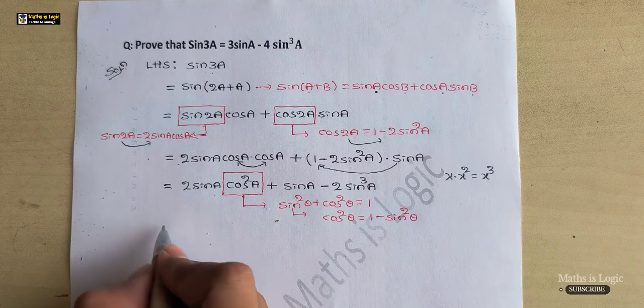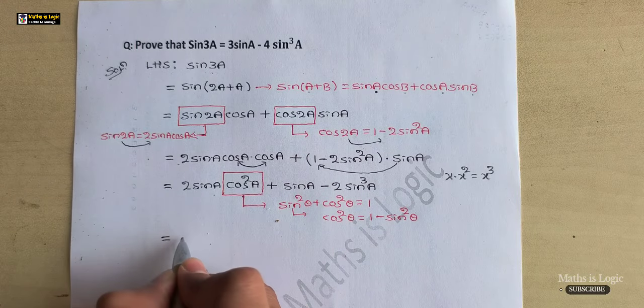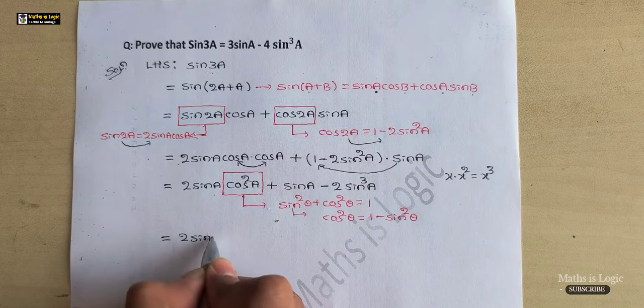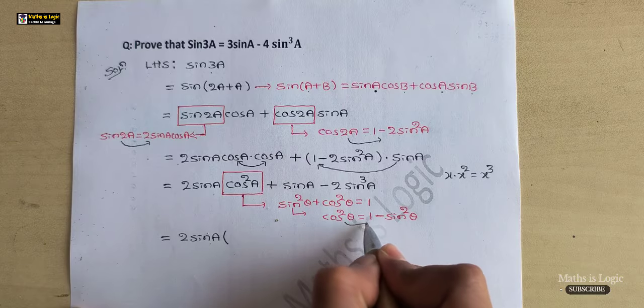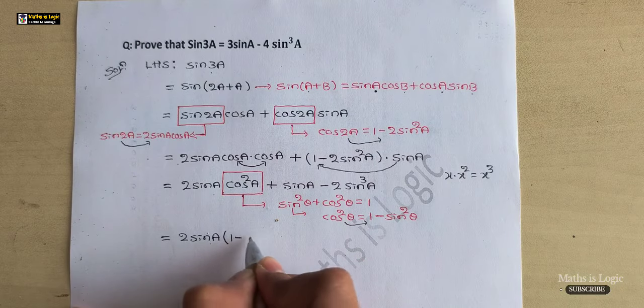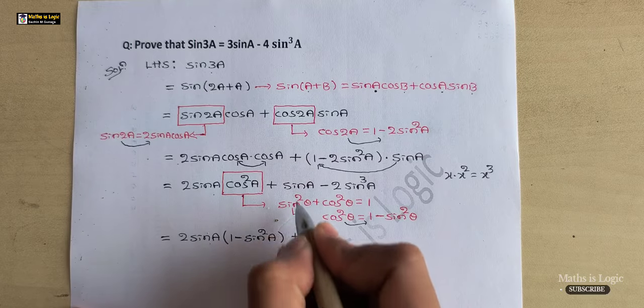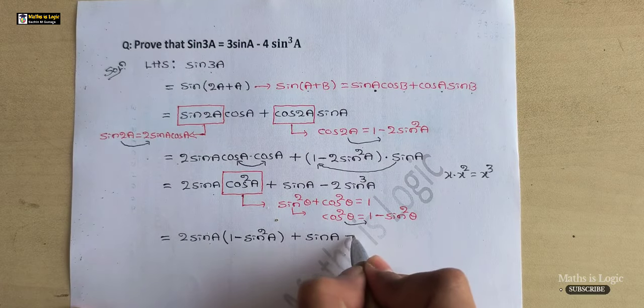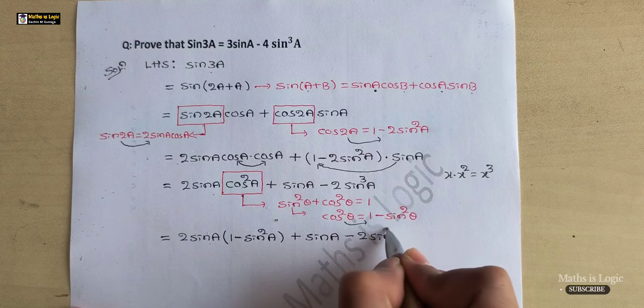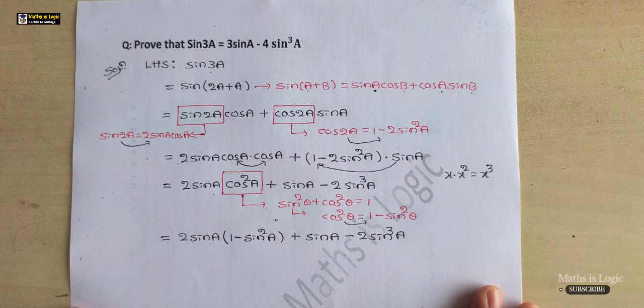Replace. Therefore, which is equal to 2 sine A, I keep it as it is, in brackets cos square A, which is nothing but 1 minus sine square A, plus sine A, keep it as it is, minus 2 times sine cube A, also keep it as it is.